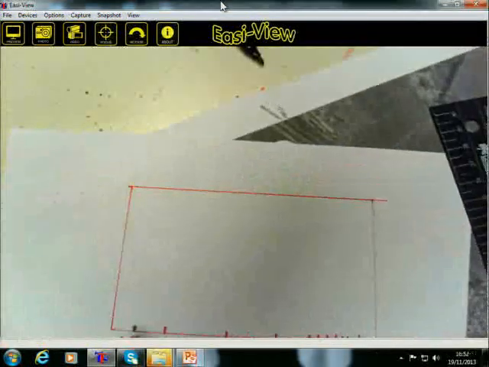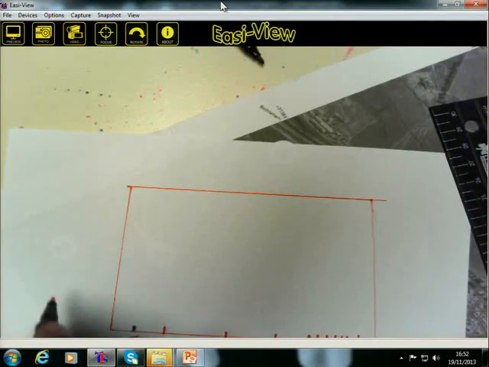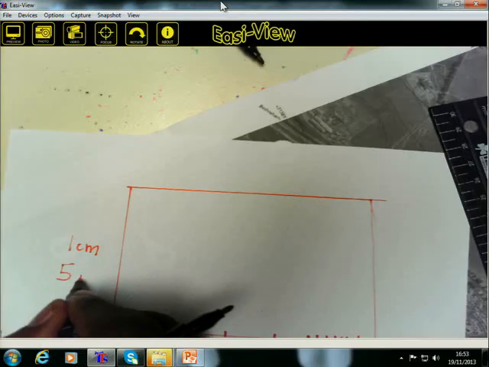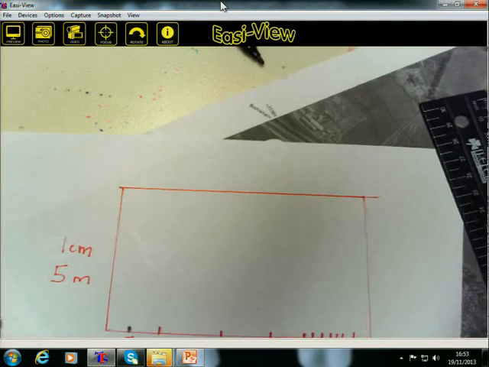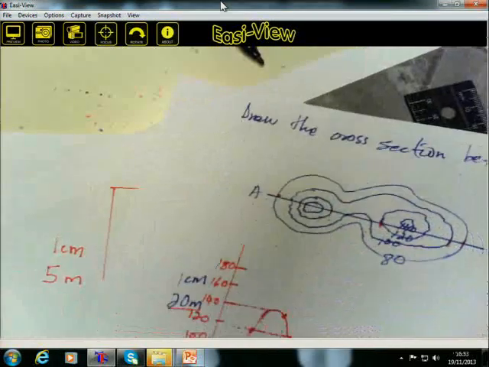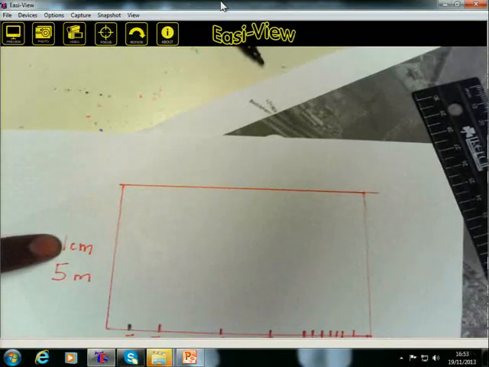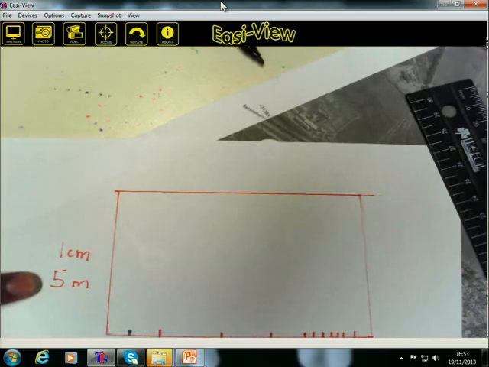After I've done that, now I must have my difference. For every centimeter, I must move 5 meters. Different from the topographical map where we say 1 centimeter, 20 meters. This one we say 1 centimeter represents 5 meters. And you put on my ruler.